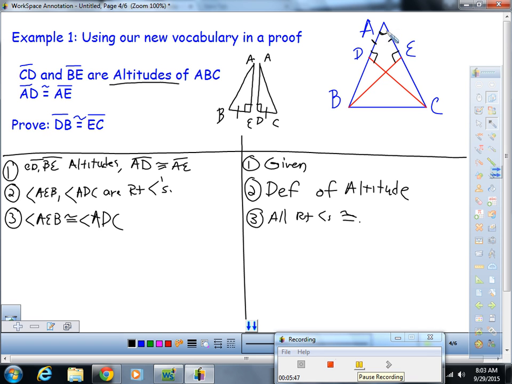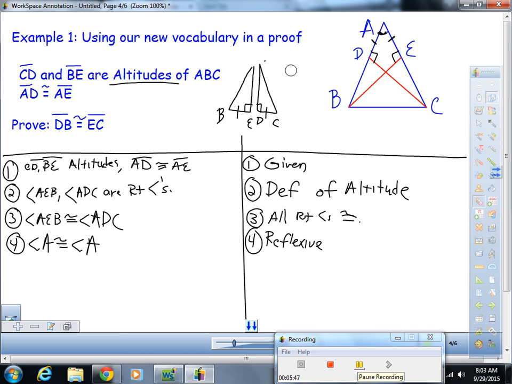If I said this, angle A is congruent to angle A. That would be reflexive. So what I'm saying is this should be an A here, an A here, and then A, E, this should be a B, and this should be a C.